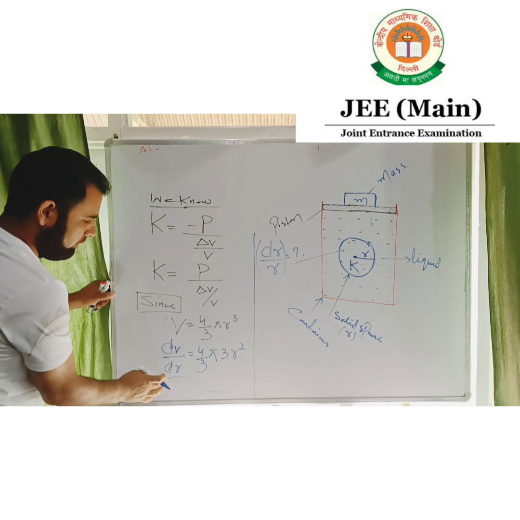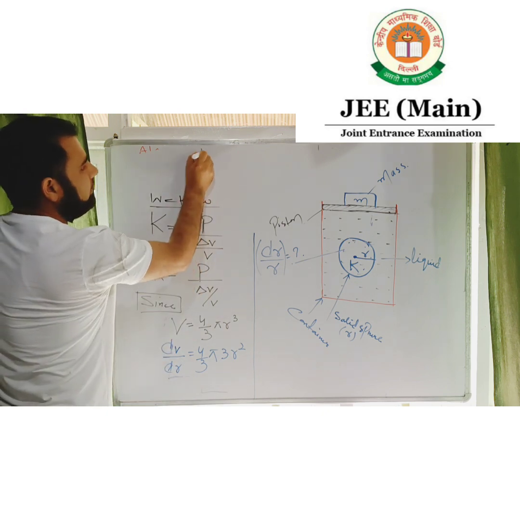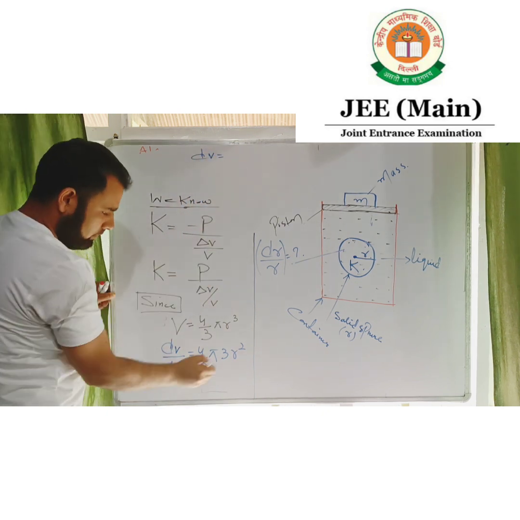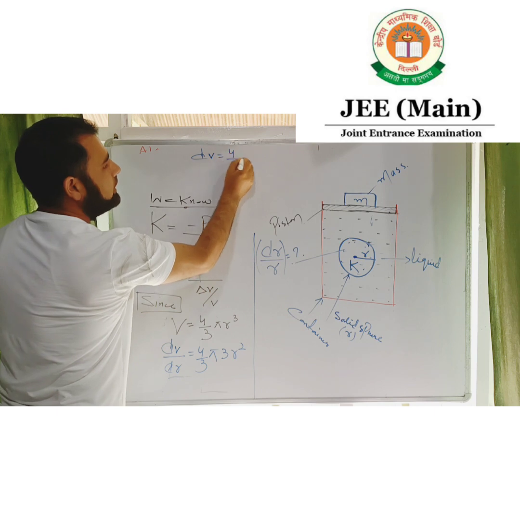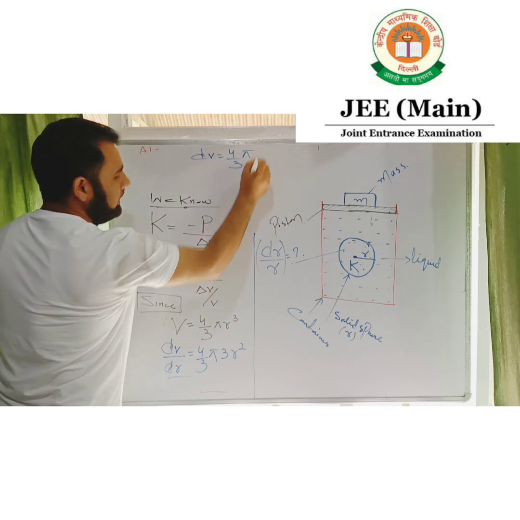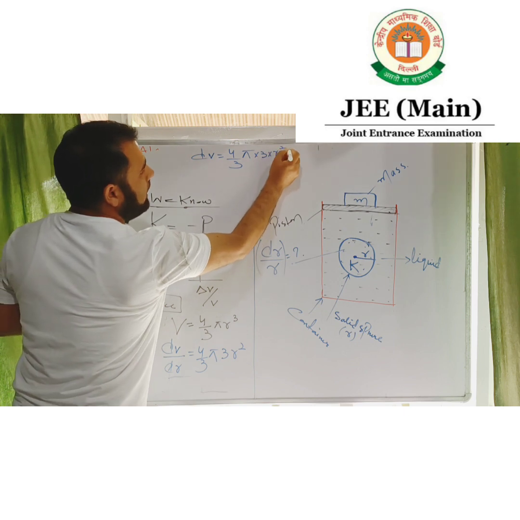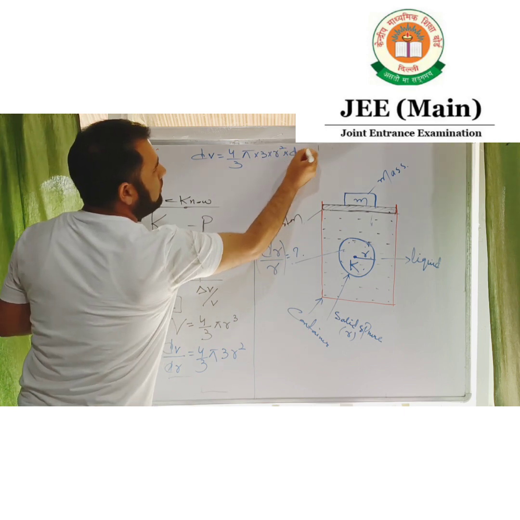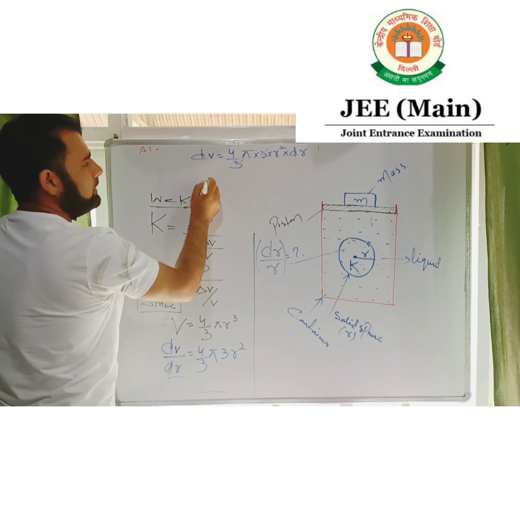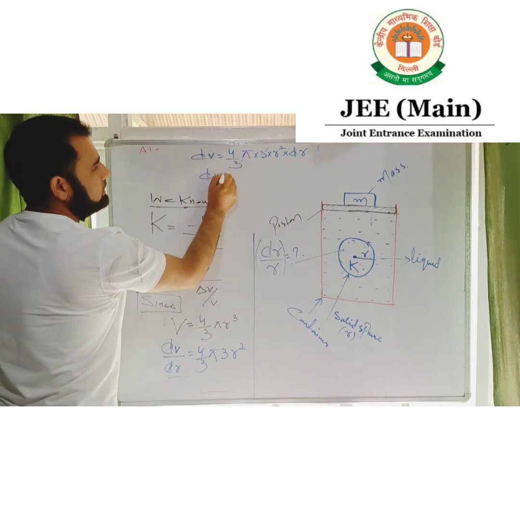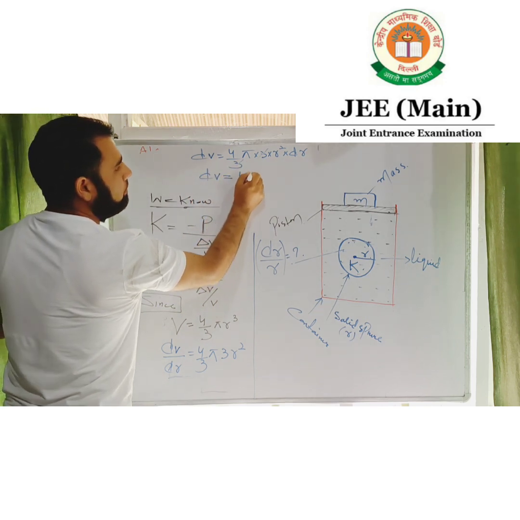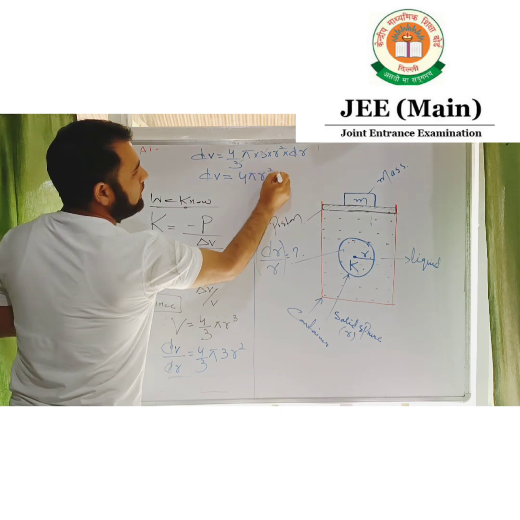Therefore dV is equal to 4 by 3 pi into 3 into r square into dr. So 3 and 3 cancel, and dV is equal to 4 pi r square dr.